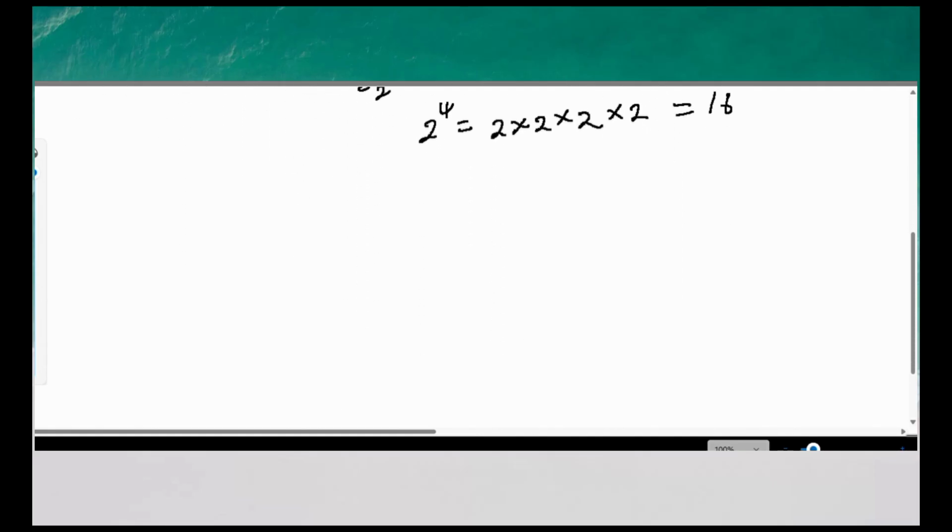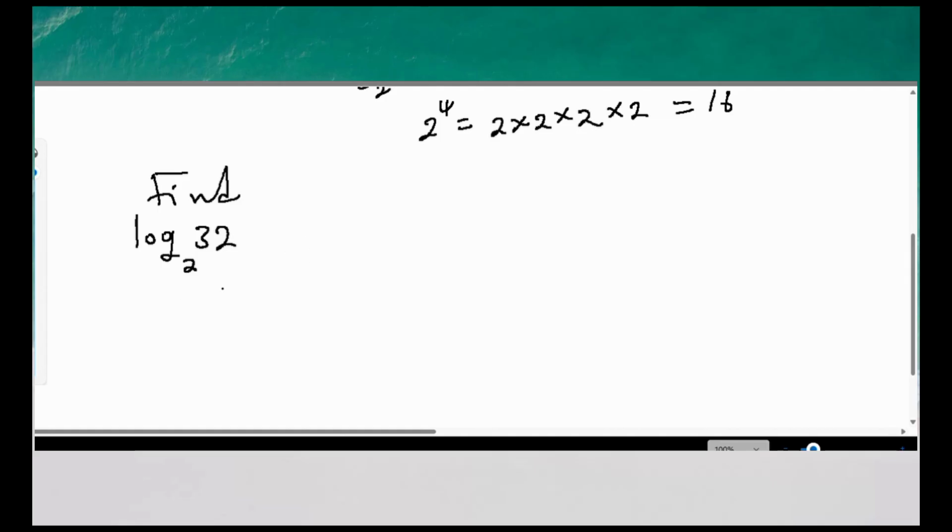Okay, let us take some trials using the definition. Let's find log 32 base 2.